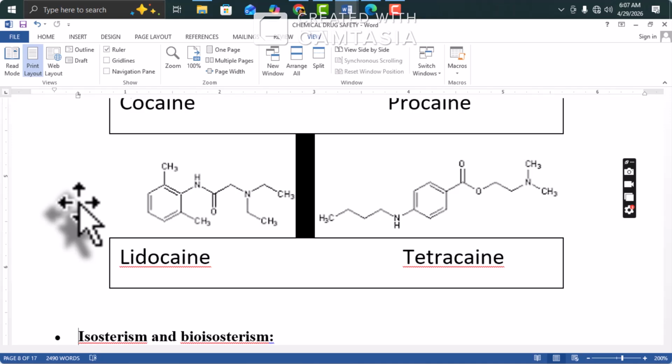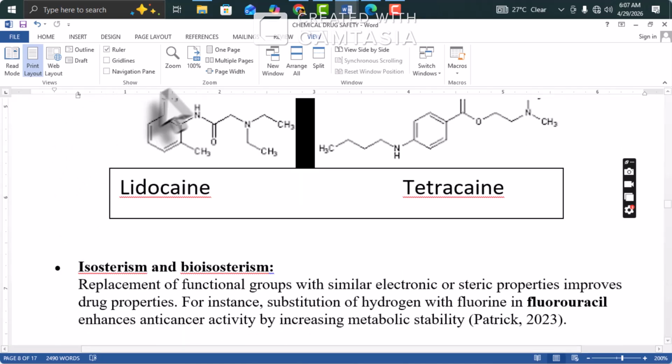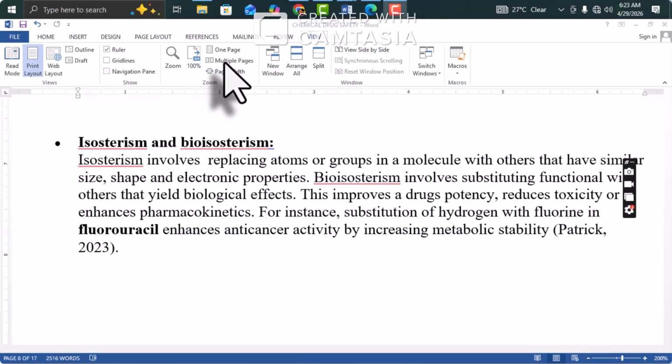Next, we look at isosterism and bioisosterism. Isosterism involves replacing atoms or groups in a molecule with others that have similar size, shape, and electronic properties. So here, you have a drug, an API, but you want to make it better.